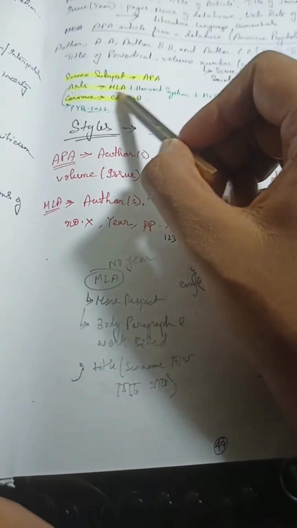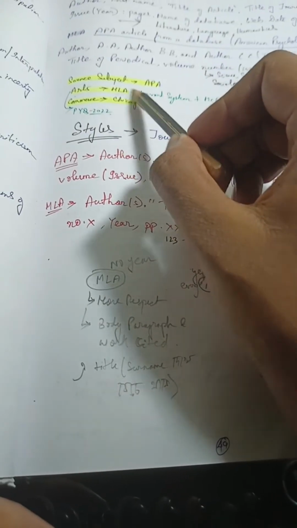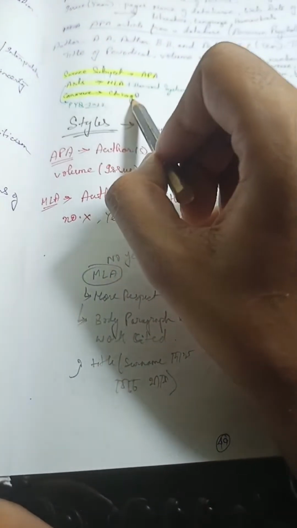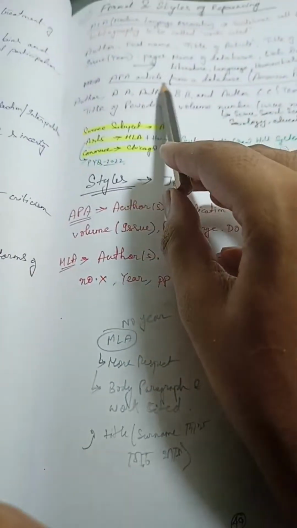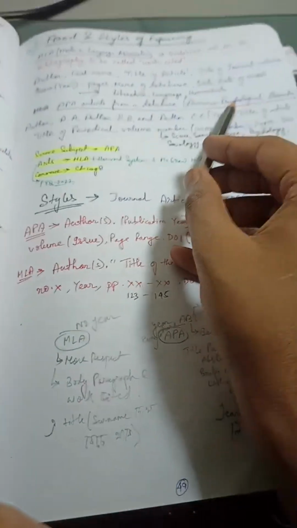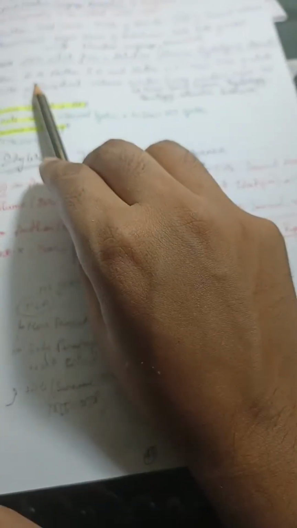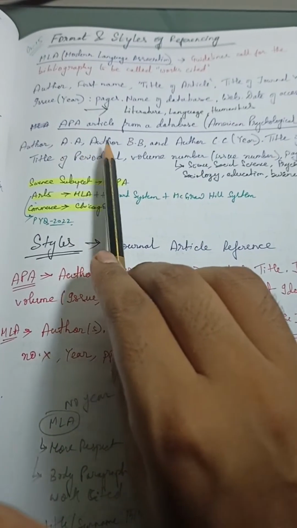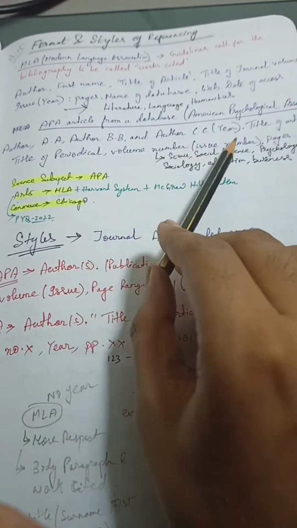I remember MA, Master of Arts, so arts MA, subject APA, Commerce Chicago, APA article from database American Psychological Association. This is the structure of how APA is written: author, year, title and whatnot. So now moving back to our question part, research.